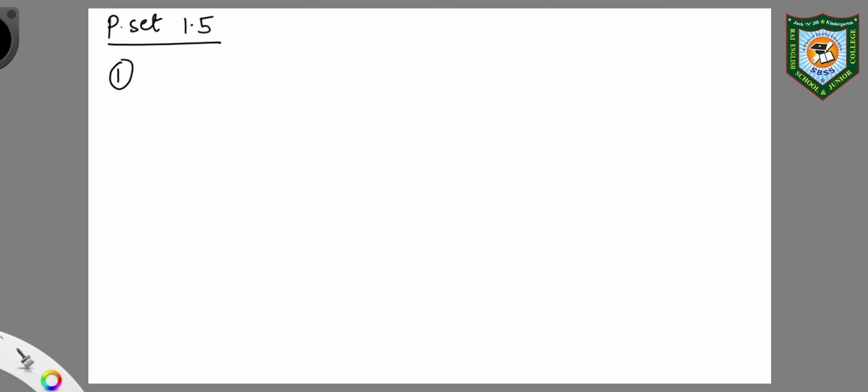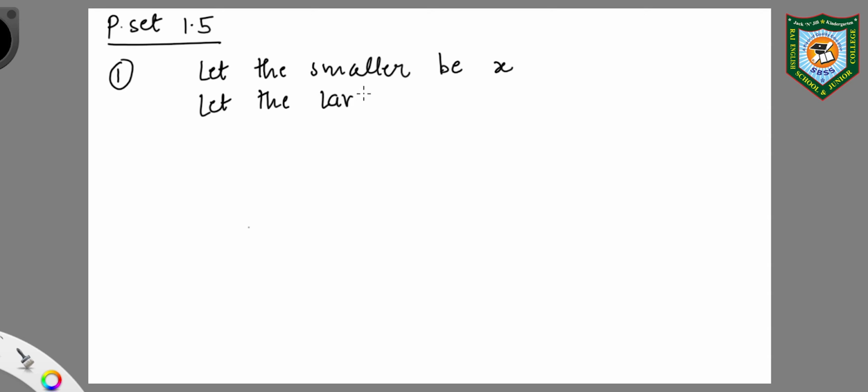It says that two numbers differ by 3. So as always, I'll say let the smaller number be x, and let the larger number be y.